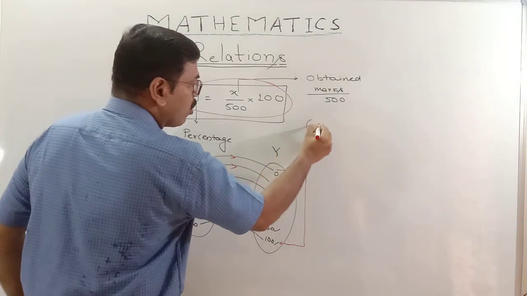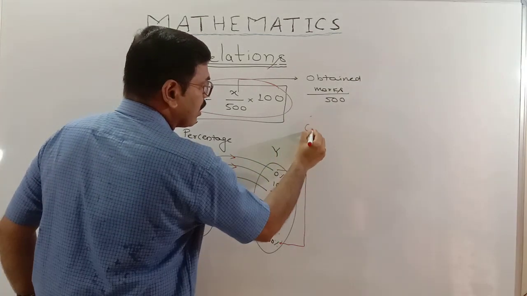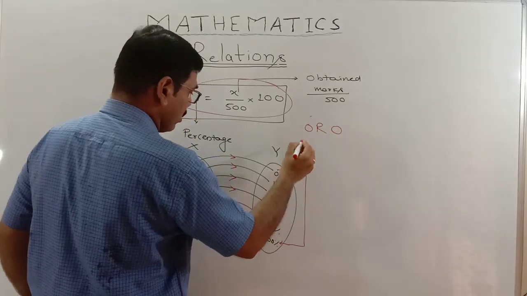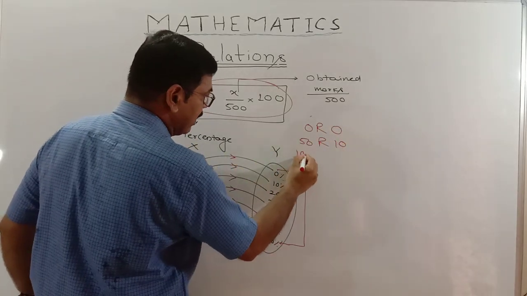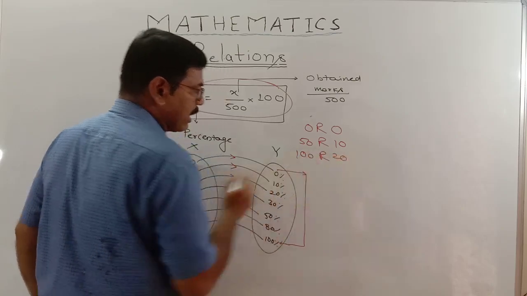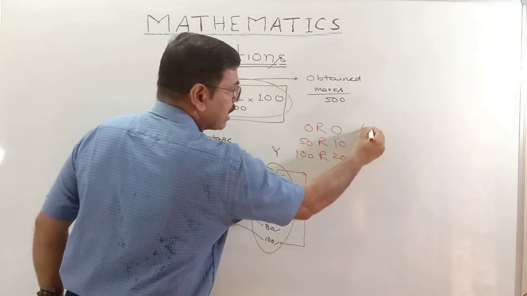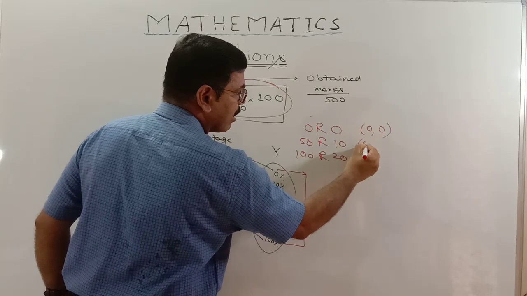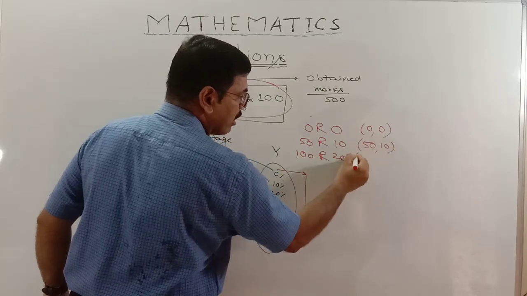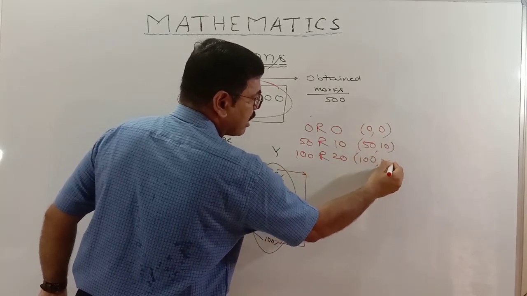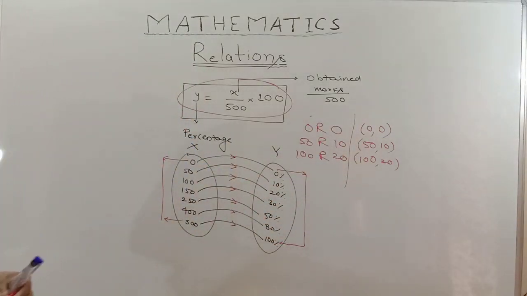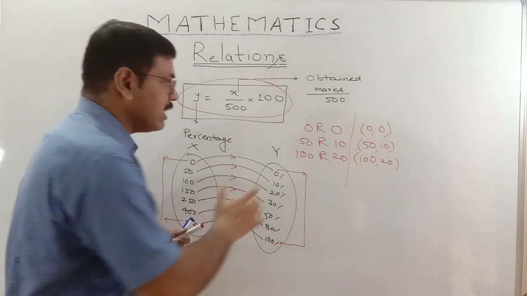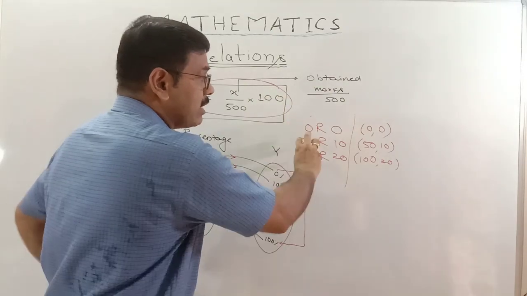Means 0 related to 0, or 50 related to 10, or 100 related to 20. This may be represented like (0,0) ordered pair, (50,10) ordered pair, (100,20). This is an ordered pair. Both the things may be defined. A relation may be represented by this or this.